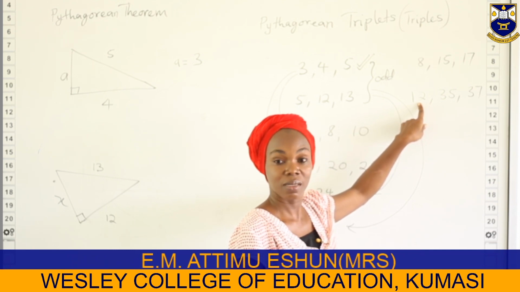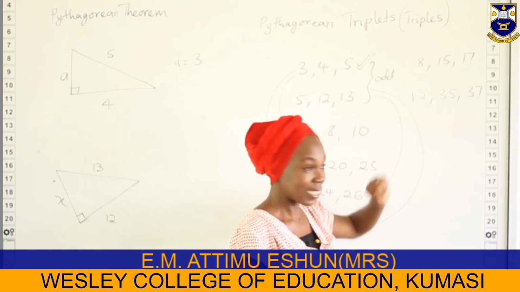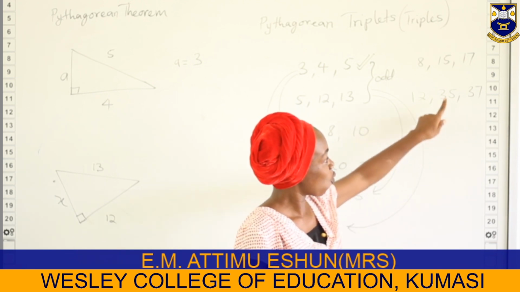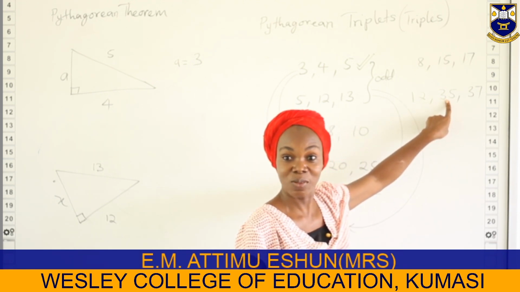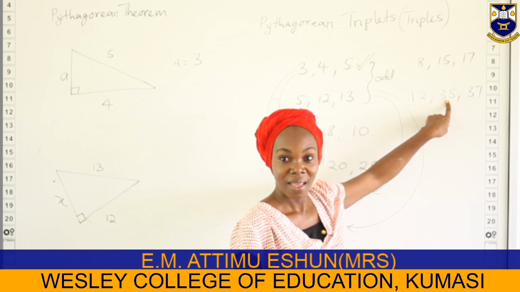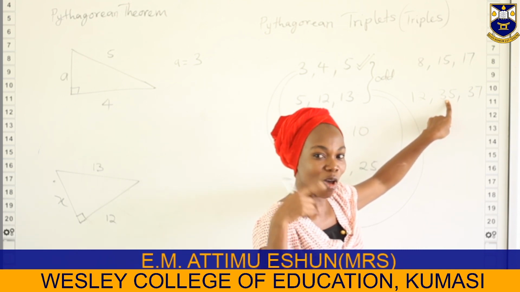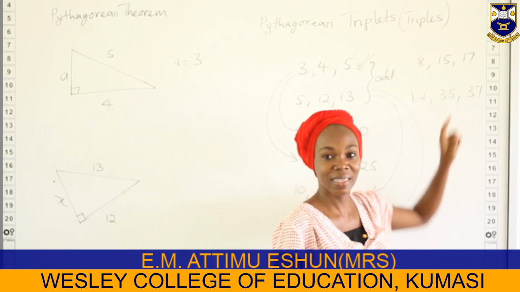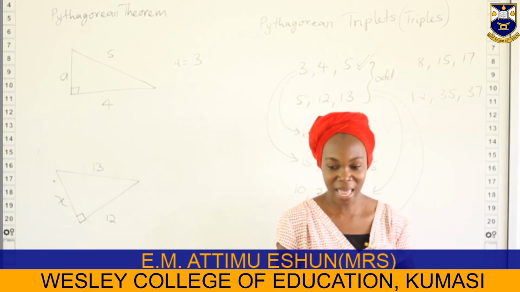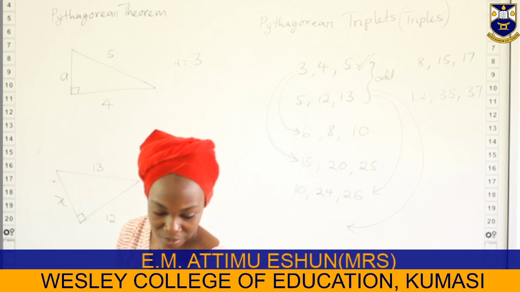What is 6 squared? We have 36. And so one number less than 36 will give us 35. And then the number more than 36 will give us 37. And that gives us another triple.